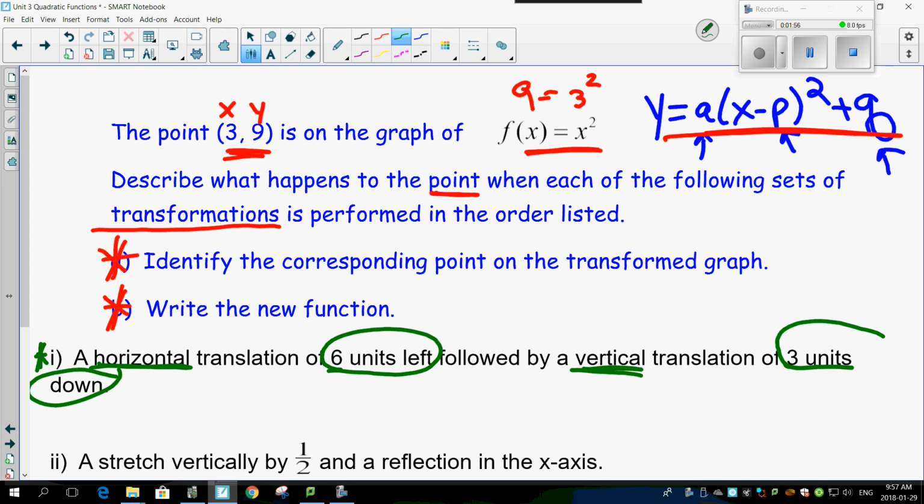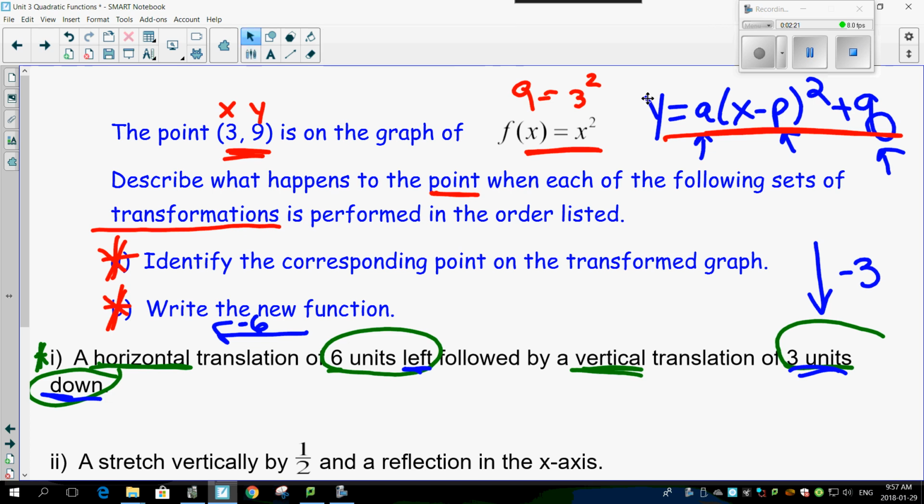Okay, so 3 units down. So let's interpret this again. A horizontal translation means moving left or right, but I'm going left, so I'm going that way, 6 units. Whenever I go left, that means I'm going negative. Followed by a vertical translation of 3 units down. 3 units down means I'm going this way, 3 units.